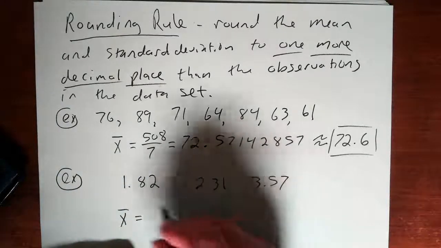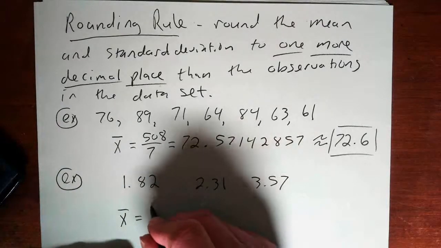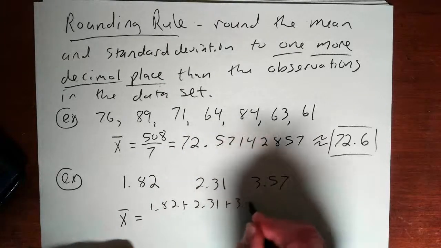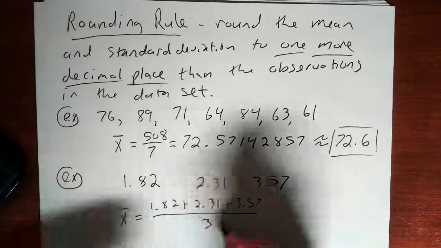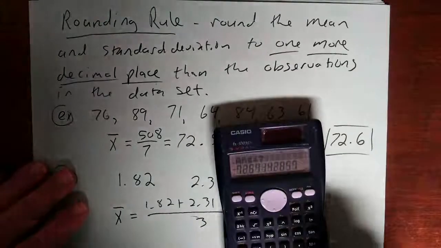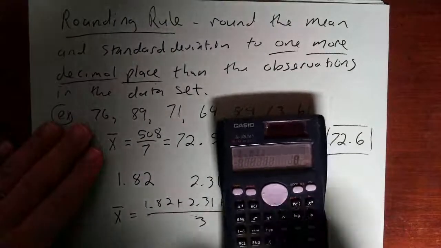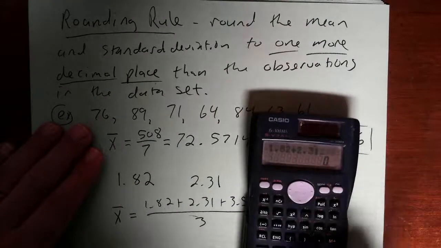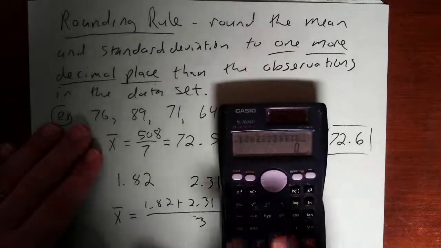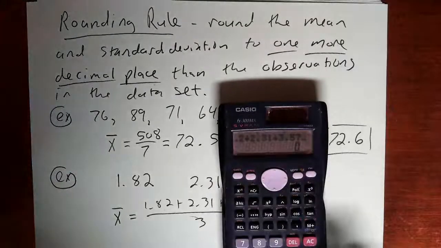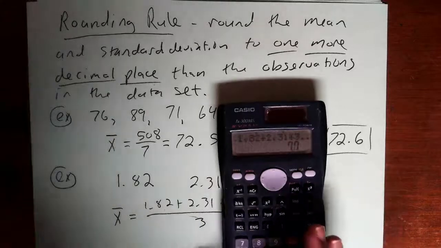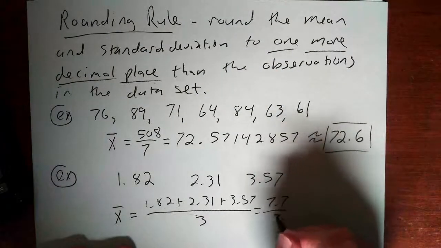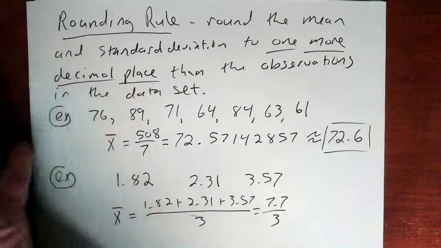And I'm going to add all three of these: 1.82 plus 2.31 plus 3.57, all divided by 3. That ends up being like 7.7 divided by 3. So now I'm going to divide that by 3.